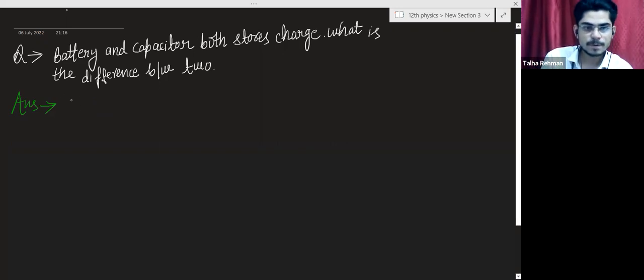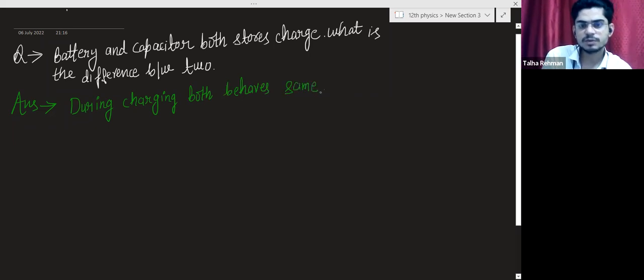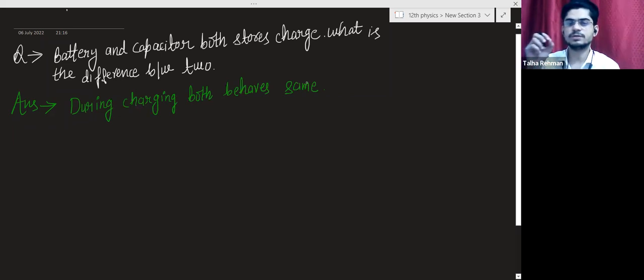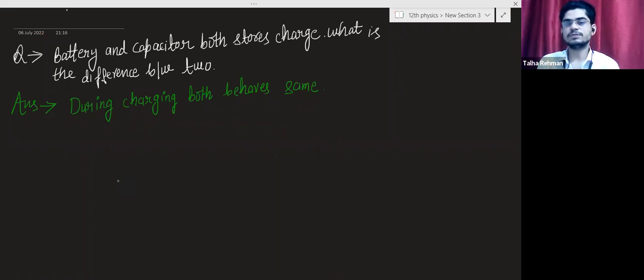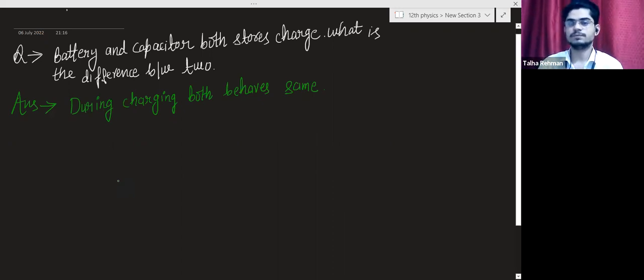During charging, both behave the same. There is no difference in the charging of a capacitor or a battery. Like we charge our phones, in the same way we charge the capacitors by connecting some power source.